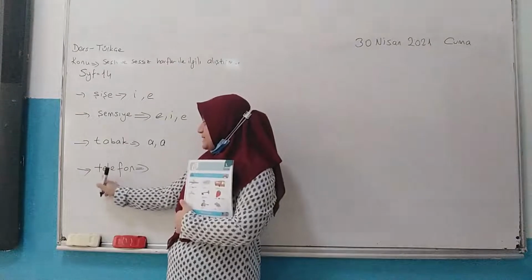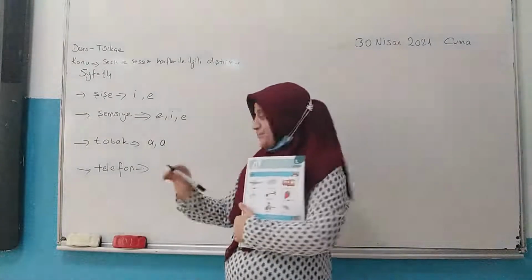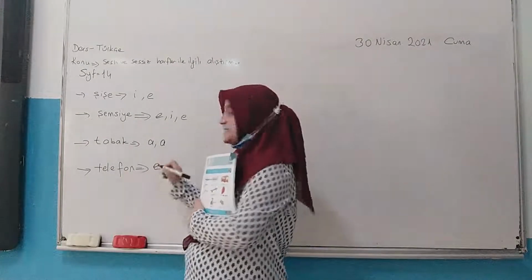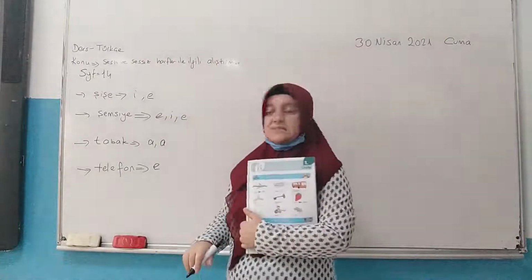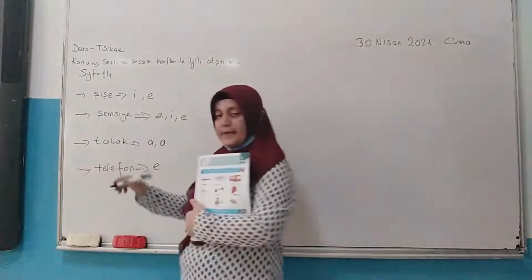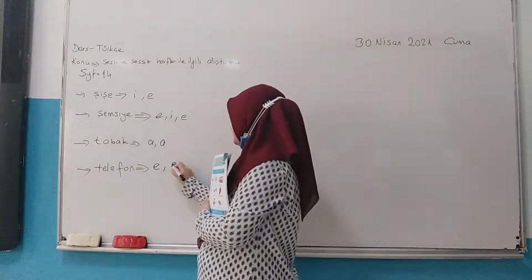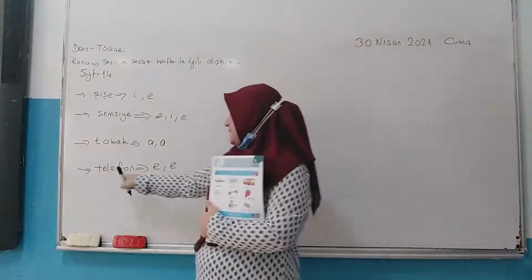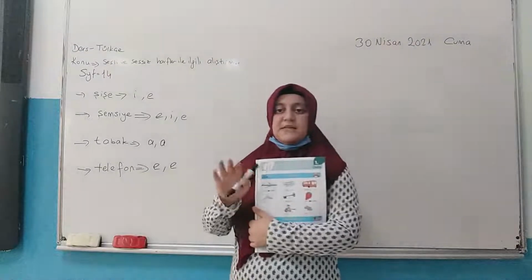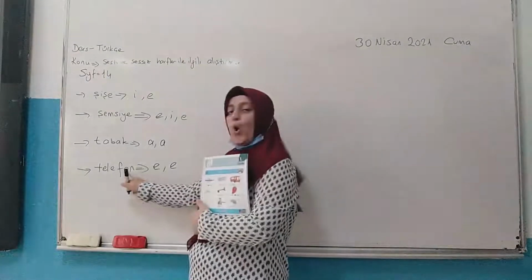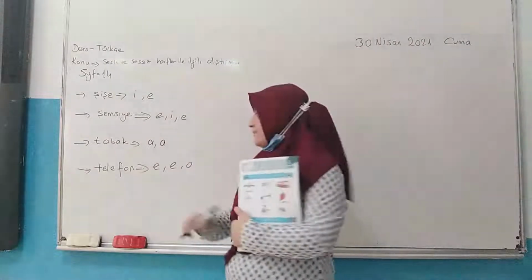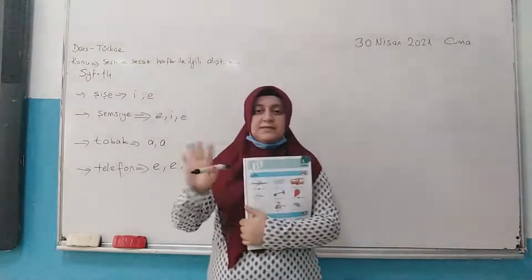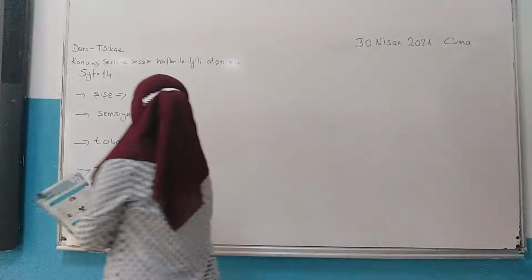Now I am going to place the second one. E is a vowel. Sesli harf. L, sessiz. E, again, sesli. F, sessiz. O, sesli. N, sessiz. Okay, we have done.